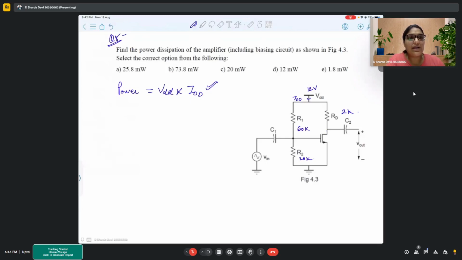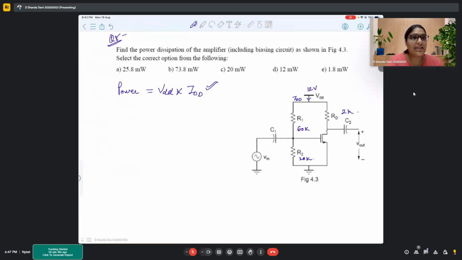If you are a designer and you have to design the circuit, you need to understand that the current flowing through the biasing circuit should not be more than 10% of the main circuit. So if the MOSFET circuit takes 10 milliamperes, then your biasing circuit should not take more than 1 milliampere.